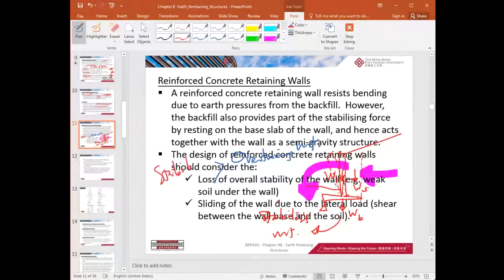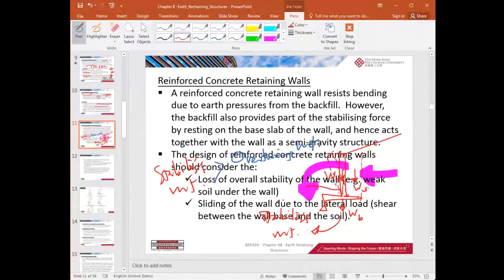If the stabilizing moment, the clockwise moment, is greater than the anti-clockwise moment, so it will be stable, right? So you have to design the RC retaining wall such that the restoring moment or the stabilizing moment will be greater than the overturning moment due to the horizontal force.